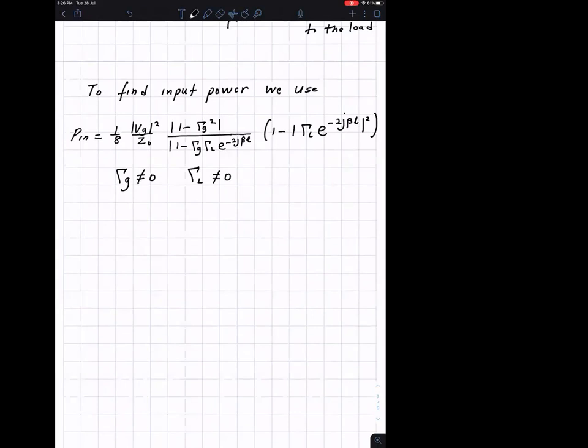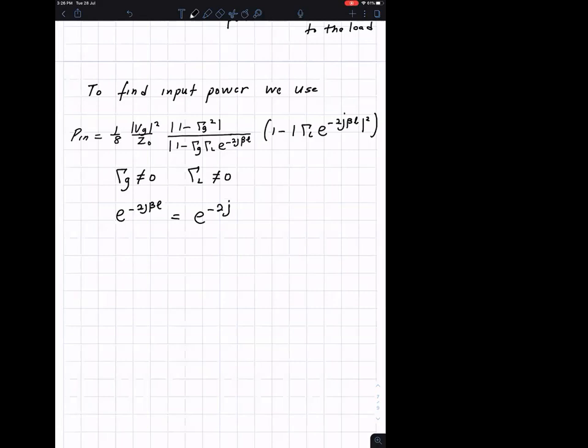Let's look at e to the minus 2j beta L. What is beta?